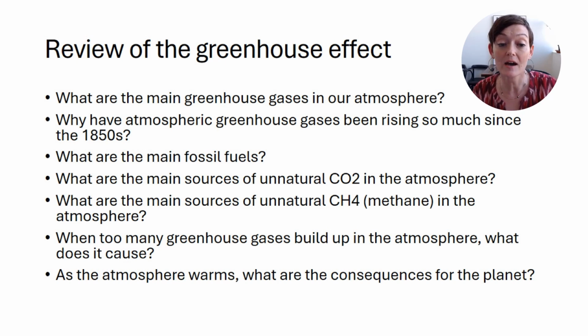What is the primary source of unnatural methane in the atmosphere? That is primarily from agriculture, particularly from raising beef and dairy. So beef and its related products of milk and cheeses and other forms of dairy. Those are the primary contributors to methane in the atmosphere.